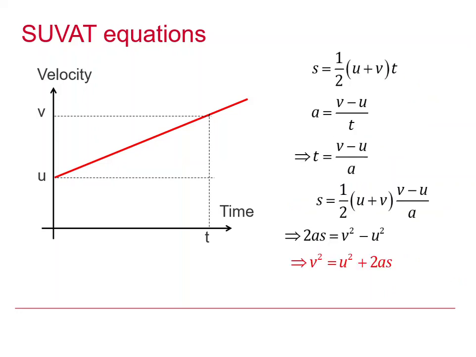So there we are, that gives us this expression, and then if we rearrange that by adding u squared to both sides and making v squared the subject, we end up with the third Suvat equation given there. That one looks a bit more interesting because it's got squares in it.